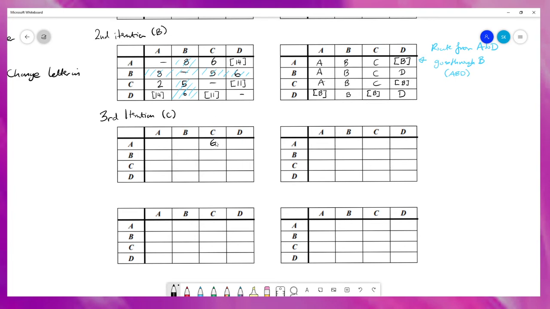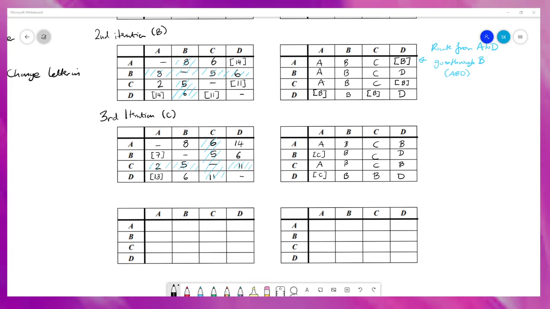So you can see for our C column, we're going to have 6, 5, dash, and then 11 without the square brackets. And again, 2, 5, 11 without the square brackets. So what I'd like you to do is pause the video and have a go at doing the third iteration now.